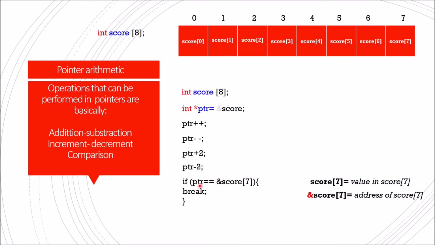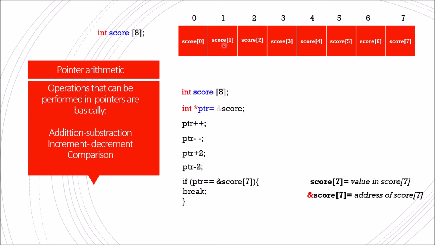So what does that mean? Let's say, for instance, that I am incrementing this PTR one place at a time. So let's say that I'm doing a single increment, and it's currently in this position.